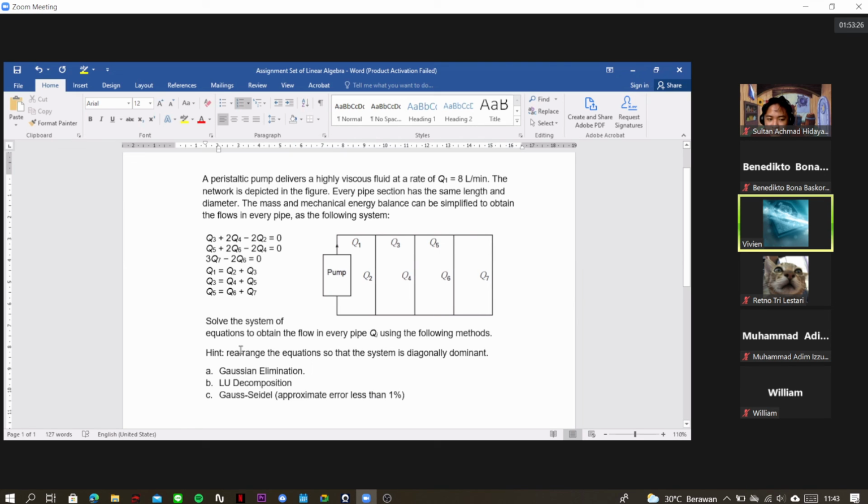Now here is the hint to make the convergence faster and to make the round-off error smaller: rearrange the equations so that the system is diagonally dominant. When you calculate using any of these methods, try to rearrange the equations first so that it becomes diagonally dominant. That will make the calculation faster and reduce the round-off error.